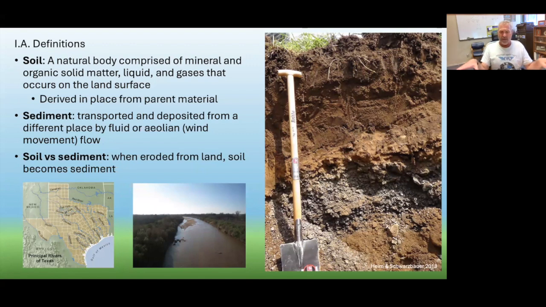So you can think dry land there. And this is material that's derived in place from parent material that might come from the surface, that tends to be more organic material, or it might come from inorganic sources, which oftentimes is the parent rock in the lower levels of soils. And we're going to look at the layers of soils here in a little bit.